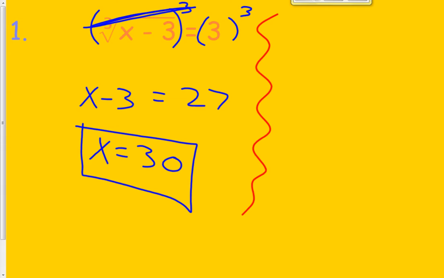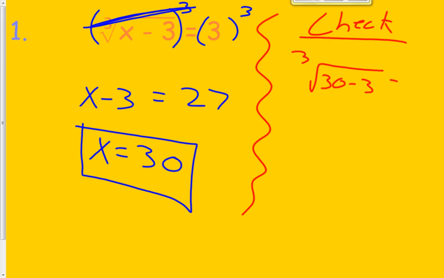It doesn't take long. So as we check, we say, well, x is 30, so let's put that in for our x. It's the cubed root of x minus 3, so 30 minus 3. To check our work, we simplify the left side. It's the cubed root of 30 minus 3, which is 27.